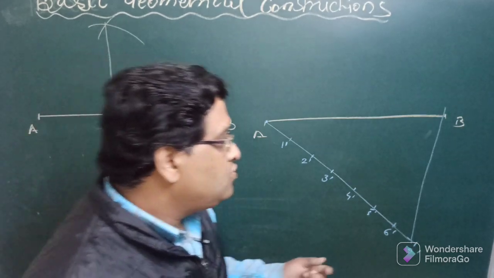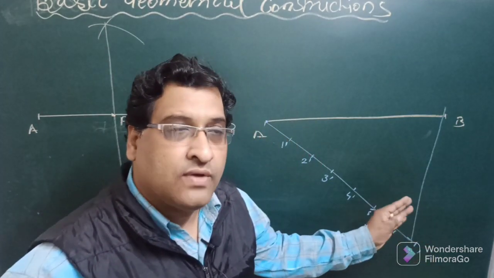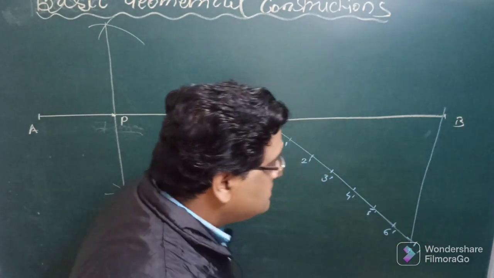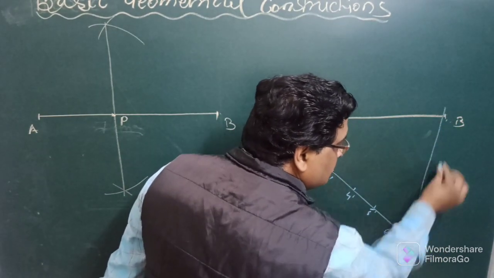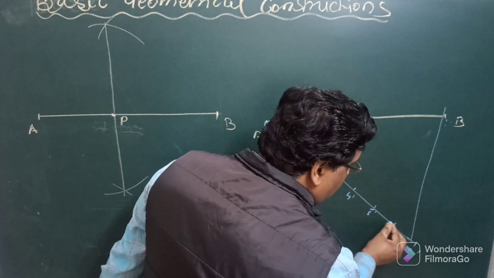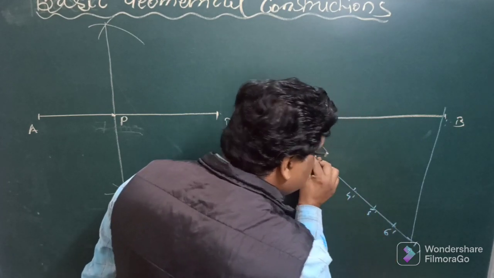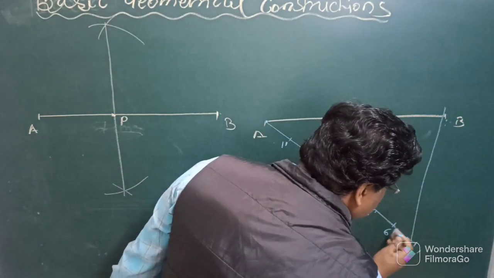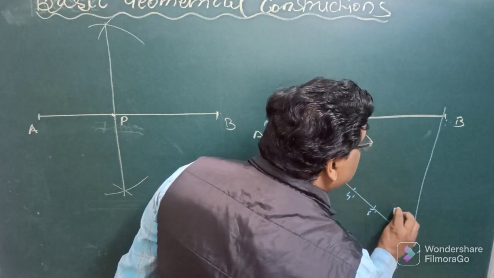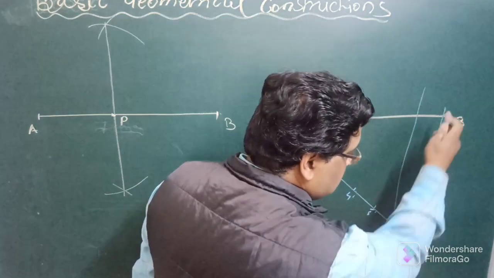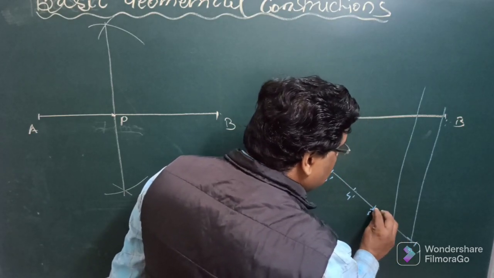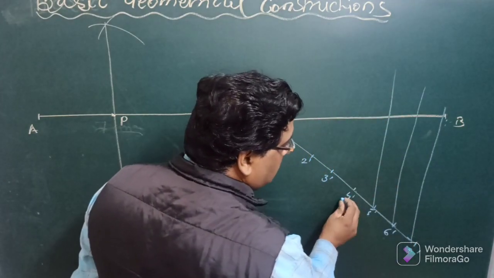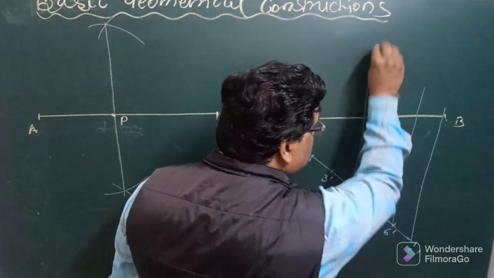and using mini drafter or set squares, draw parallel lines parallel to 7 dash B, starting from here. From all these divisions, put here like this on 6 and draw a parallel line parallel to this line 7 dash B. Then put here mini drafter and draw another line parallel to the previous one.